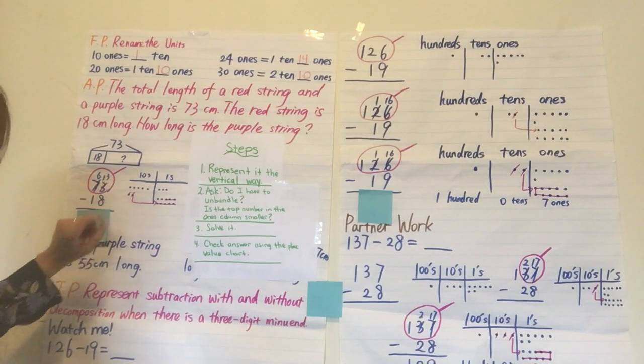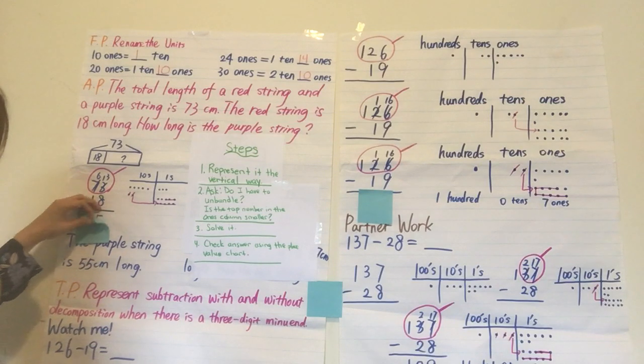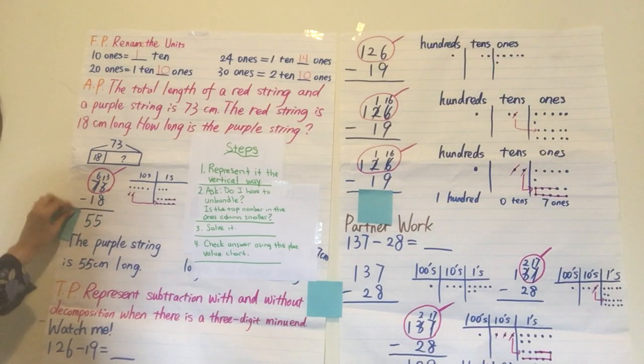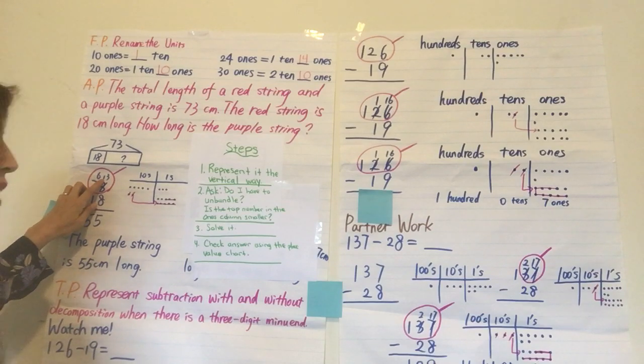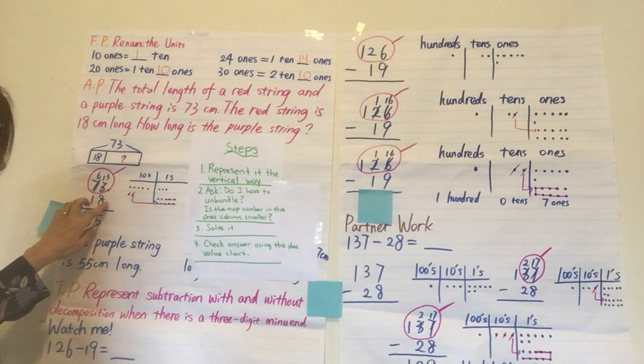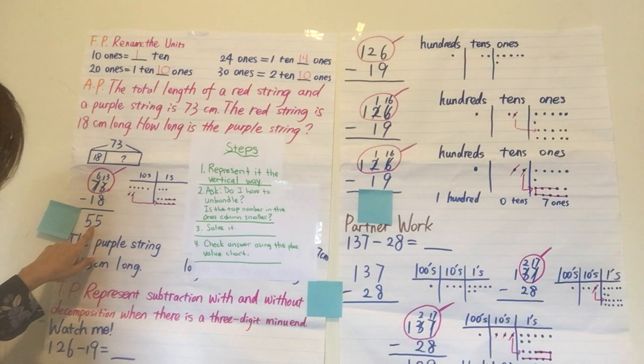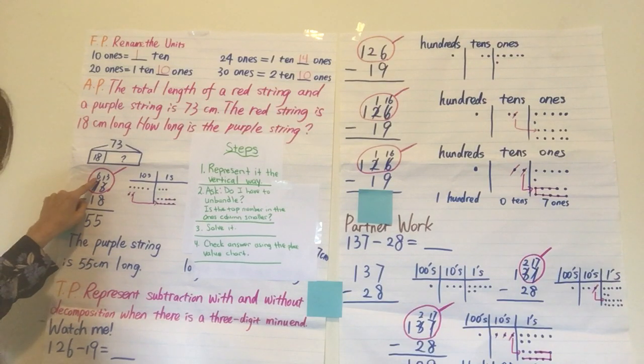So 13 minus 8 is 5. Let's use the correct units: 13 ones minus 8 ones equals 5 ones. And then I go up here and say, 6 tens minus 1 ten is 5 tens.